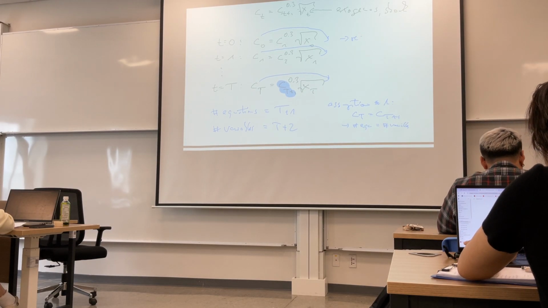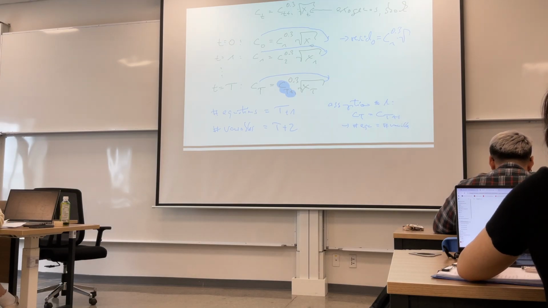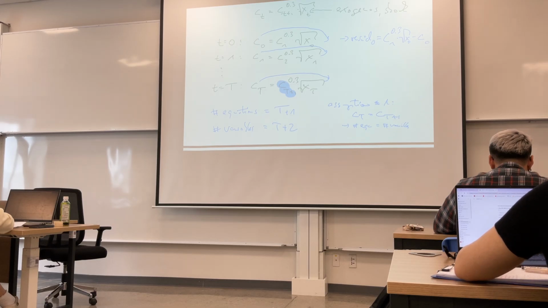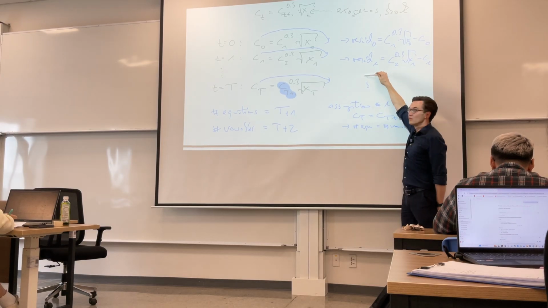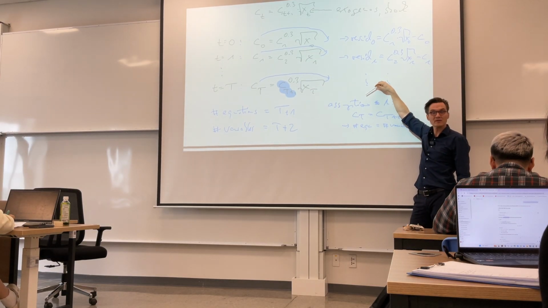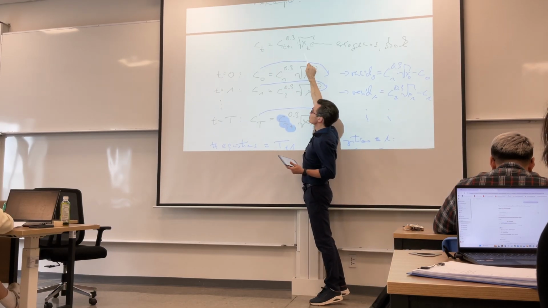The residual in period 0 is C1 to the 0.3 times the square root of x0 minus C0. And the residual in period 1 is C2 to the 0.3 times the square root of x1 minus C1, and so forth. So you're trying to get all these residuals to 0. And once you have done that, you have solved for the dynamics of this model in response to a shock.